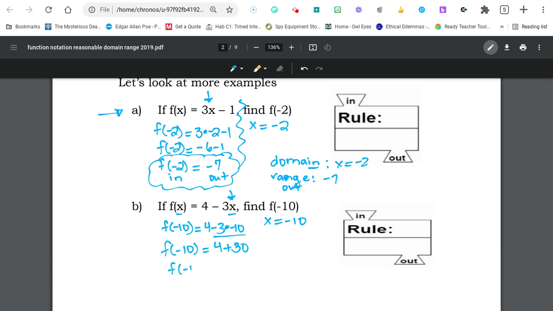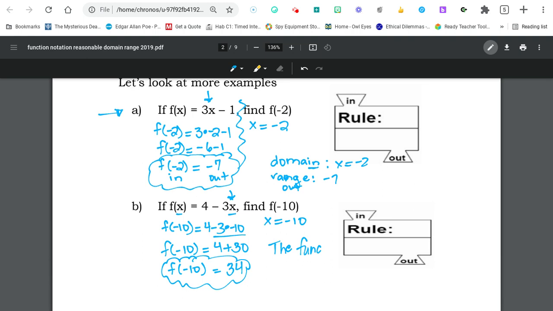So when I put in negative 10 into x for my equation, I get out 34. Basically, when you evaluate that function at negative 10, your output is 34. I'm going to write it in words.